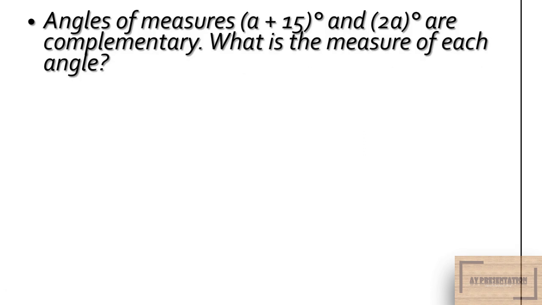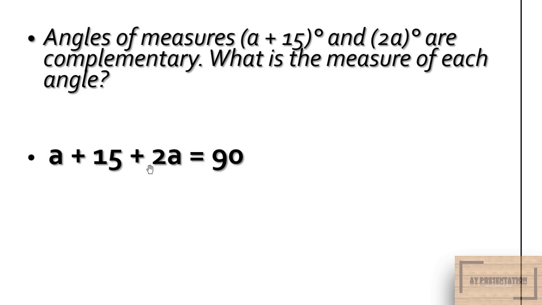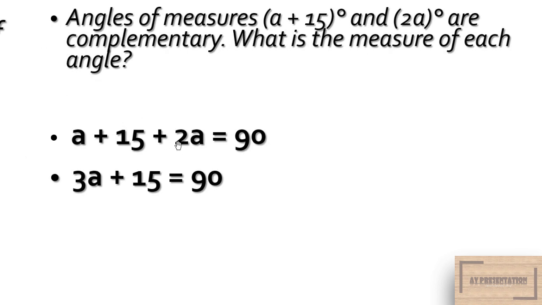Next question: angles of measures (a plus 15) degrees and (2a) degrees are complementary. What is the measure of each angle? Here the first angle measure is (a plus 15) degrees and the second is (2a) degrees. So a plus 15 plus 2a is equal to 90 degrees.